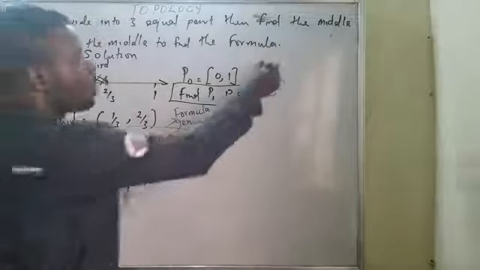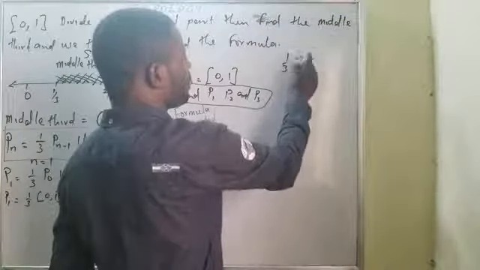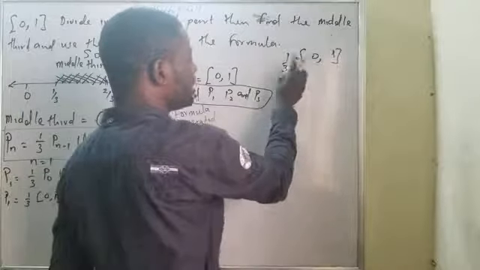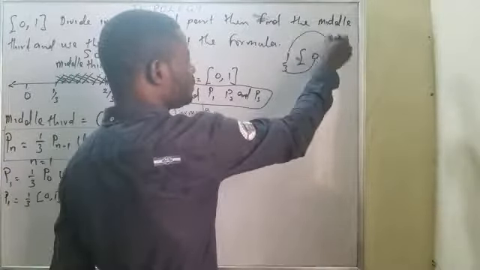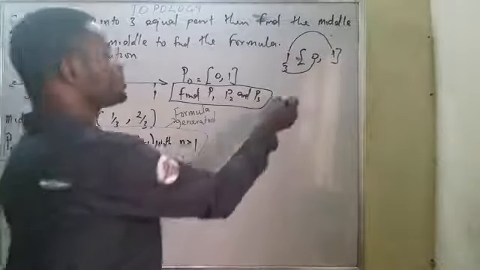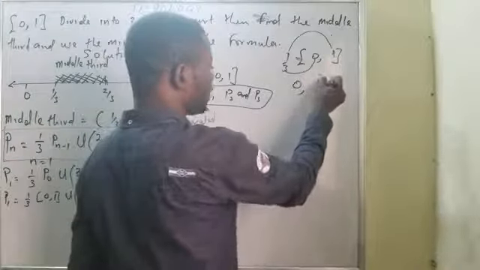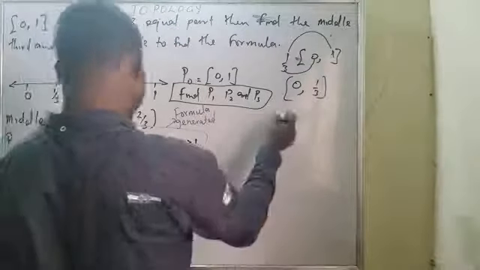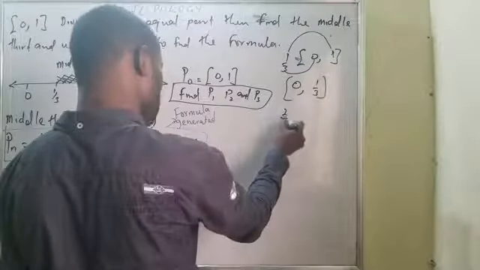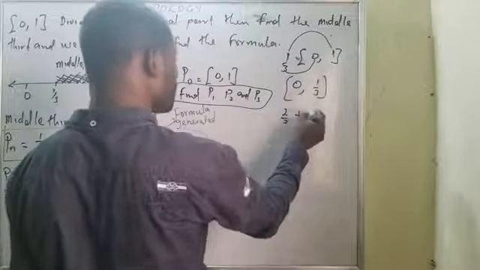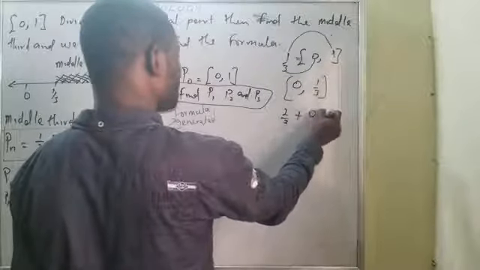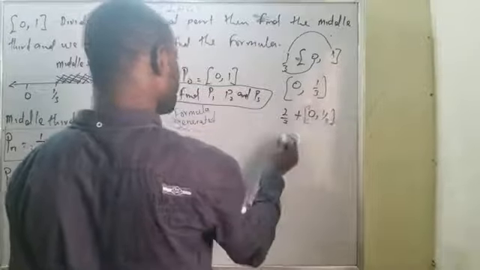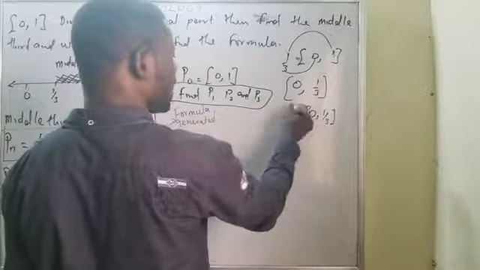When I have 1 all over 3 times 0,1, it means this multiplied by this gives me 0,1 all over 3. Take note of that. Also, this here will give me 2 all over 3 plus 0,1 all over 3. Now, implication, it will be this plus this and this plus this.